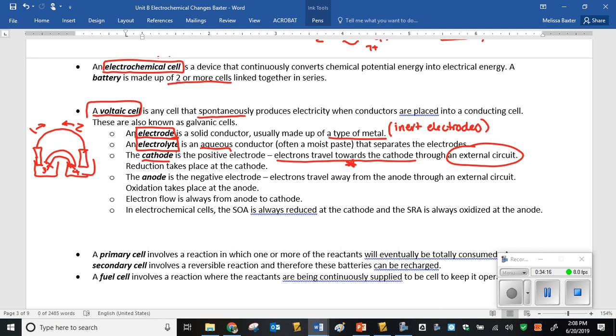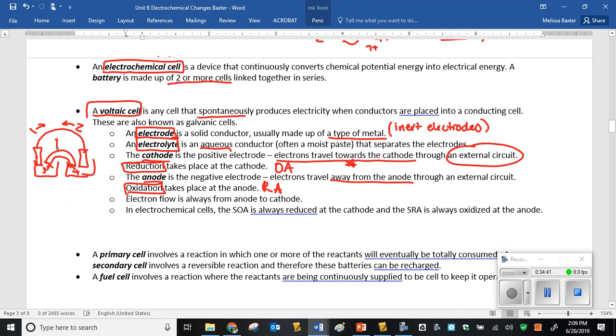Yes, so the cathode, because that's where reduction is taking place, that is where your oxidizing agent will react. The anode is the negative electrode. Electrons travel away from the anode. Oxidation happens there, so it's the reducing agent. Yep.